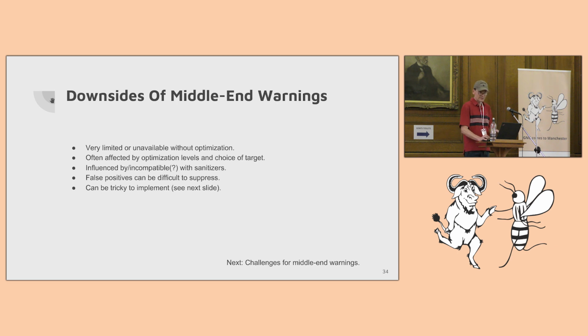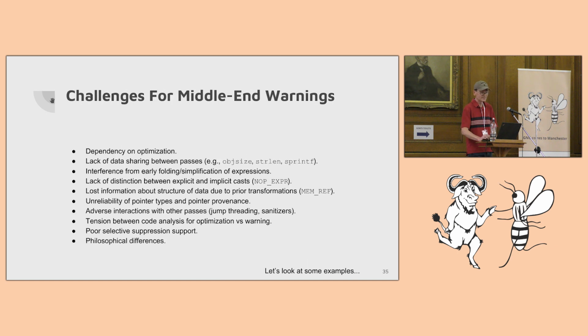And based on the discussions I had here this week, it sounds like that should be solvable, but currently there is no solution. And middle-end warnings can be tricky to implement. They tend to involve multiple passes. Oftentimes, the interaction between passes has to be considered, so it can be a little bit challenging.